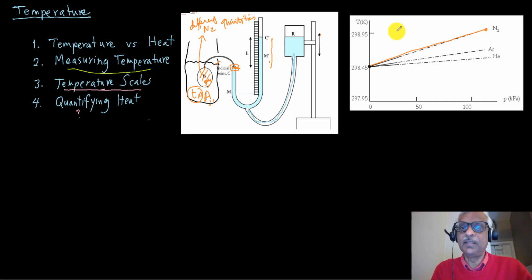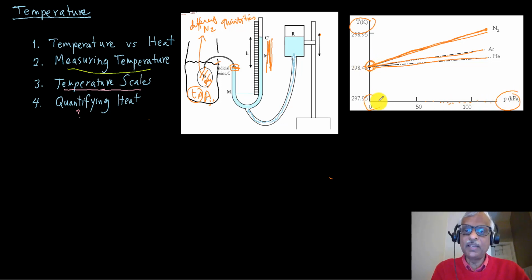So as we lower the pressure inside there, with less and less material, I see the temperature versus the pressure that I read follows this line. But if I fill with a different gas, it follows a different pattern, and they all meet at this point.